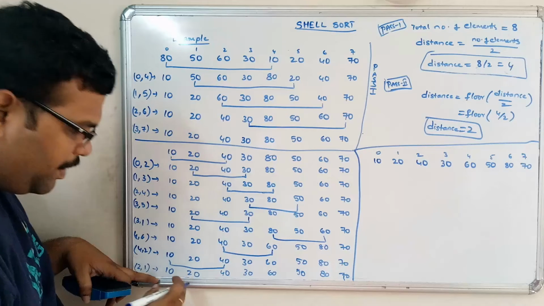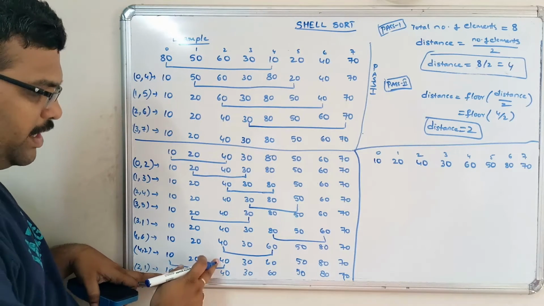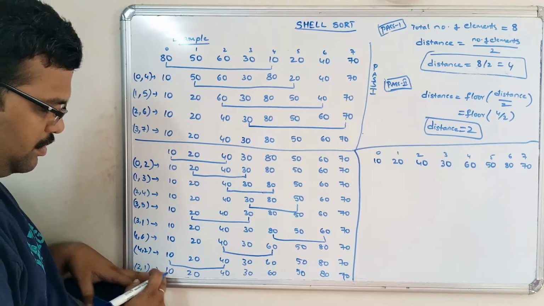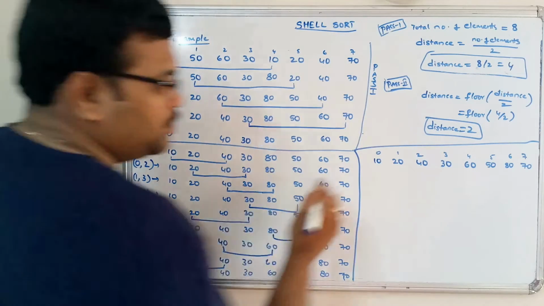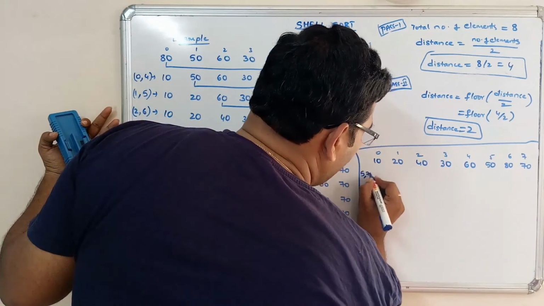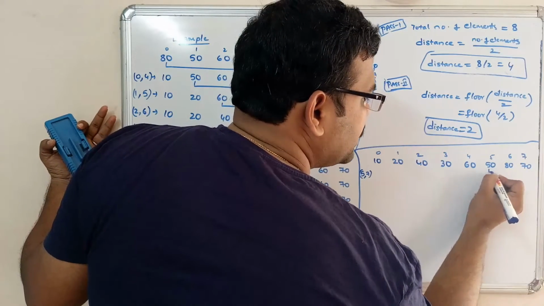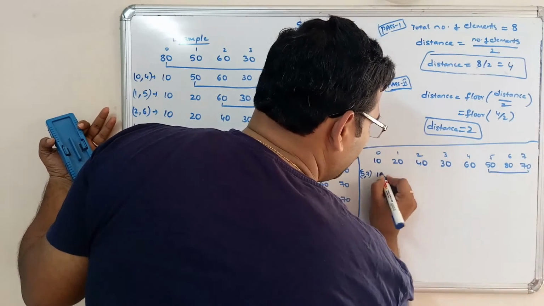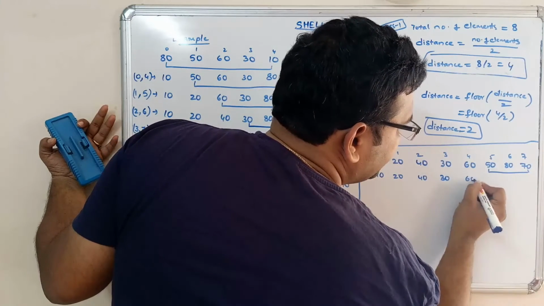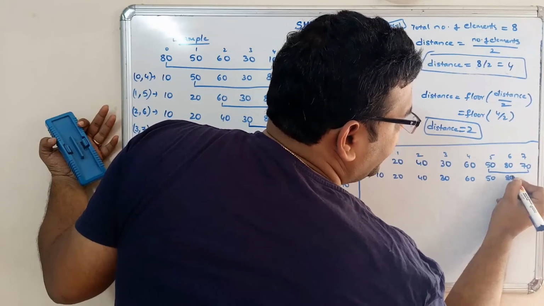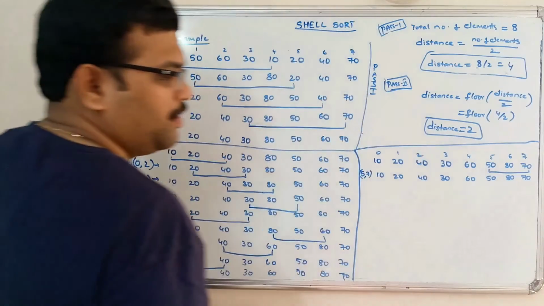So after completion of this one, where have we stopped? We have stopped at 4. So now we have to compare the fifth with the 7th element. Already in sorted order: 10, 20, 40, 30, 60, 50, 80 and 70.